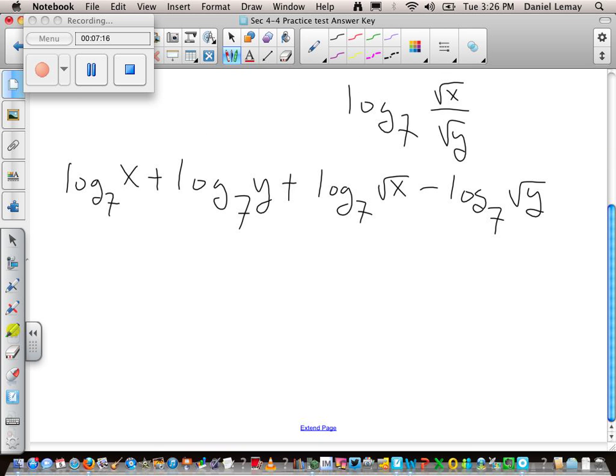Now when I take the square root of something, that's the same as raising it to the 1/2 power. So I can think of this as log base 7 of x to the 1/2 minus log base 7 of y to the 1/2, and now I've got an exponent which I can bring down in front.